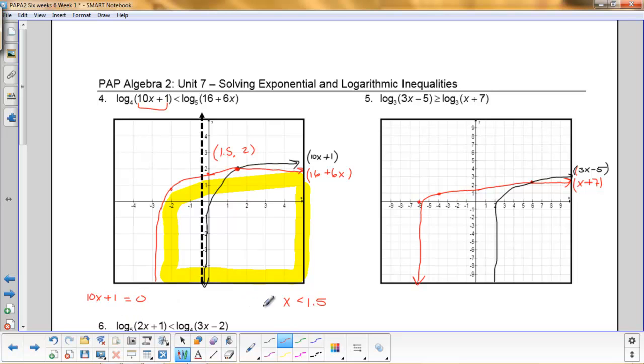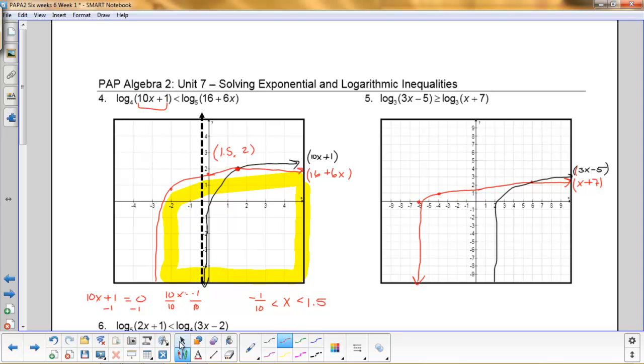Once we find that place, we have found the other side of the restriction. So I'm going to subtract 1 from both sides, and I get 10x equals negative 1, so x equals negative 1/10. So the restriction occurs here at negative 1/10. The solution to this problem is all values of x between negative 1/10 and 1.5.